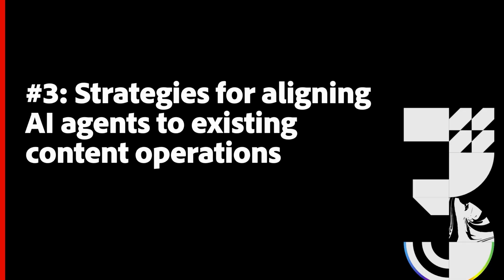So number 3, strategies for aligning AI agents to existing content operations, because you want to be able to work as your team works today, but you want to be able to use agents to help. So when we look at the evolution of the content supply chain, we see how we've worked with customers.